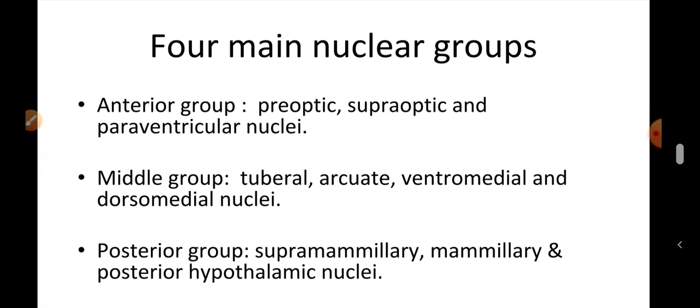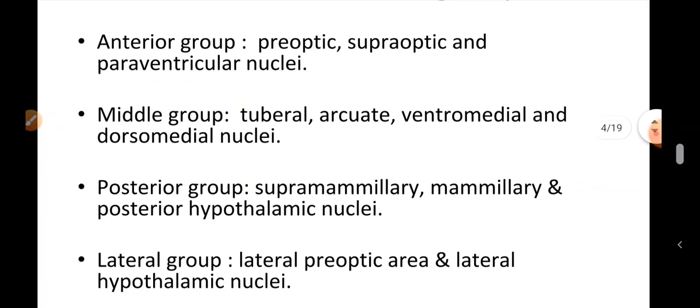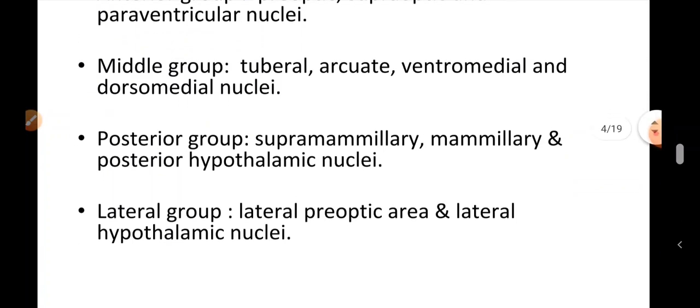The middle group consists of tuberal nuclei, arcuate nuclei, ventromedial nuclei and dorsomedial nuclei. The posterior group of nuclei are supramammillary, mammillary and posterior hypothalamic nuclei. The lateral group of nuclei are lateral preoptic areas and lateral hypothalamic areas.